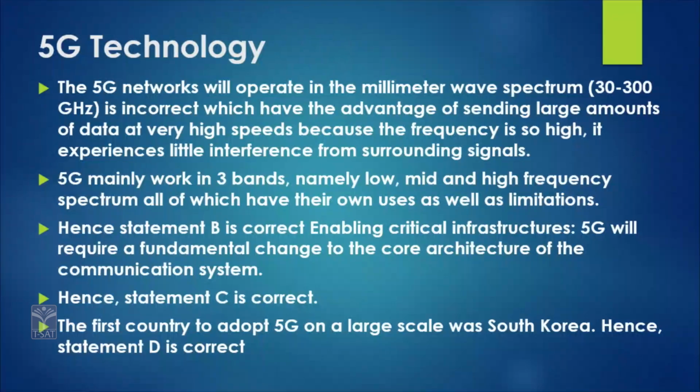So it is wrong. Now 5G mainly works on three bands, namely the low band, mid band and high frequency band spectrum. All of these have their own uses as well as limitations. Hence statement B is correct.